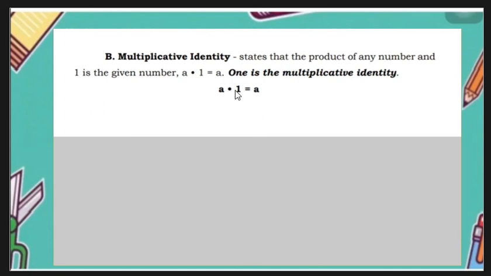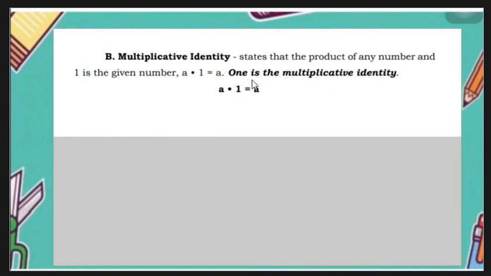When we talk about multiplicative identity, it states that the product of any number and 1 is the given number. So therefore, A times, this dot is symbolized as multiplication, A times 1 is equal to A. Therefore, 1 is the multiplicative identity.